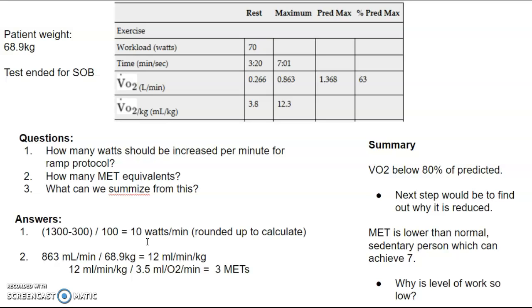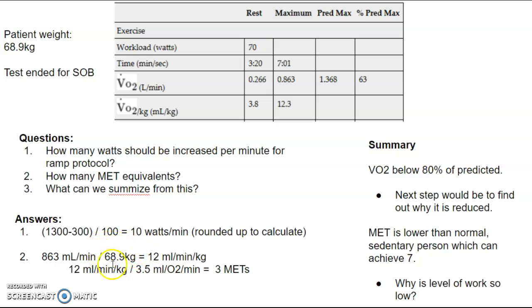Okay, next, how many MET equivalents? Well, the patient achieved a maximum VO2 of 863 milliliters per minute. Now, to find out how many milliliters per minute per kilogram, we would take 863 milliliters and divide it by the patient's weight.